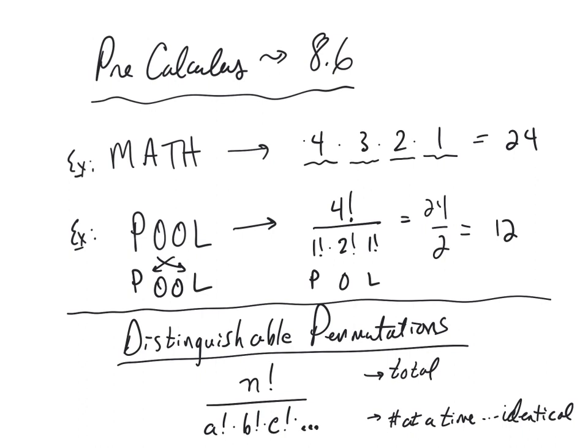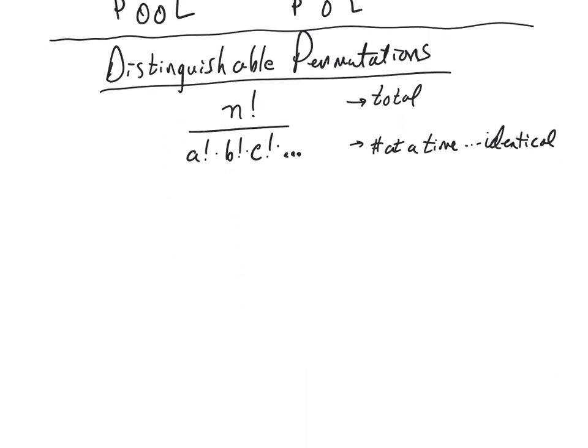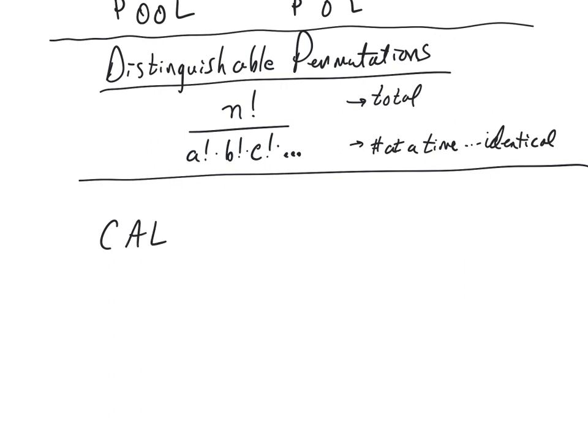Okay? So with this idea, we can then make the problems a little more difficult. So with this distinguishable permutations idea, we could then take the letters maybe in calculus and ask you for the number of distinguishable permutations. Well, in calculus, there's 1, 2, 3, 4, 5, 6, 7, 8 letters altogether. So the total number is 8 factorial.